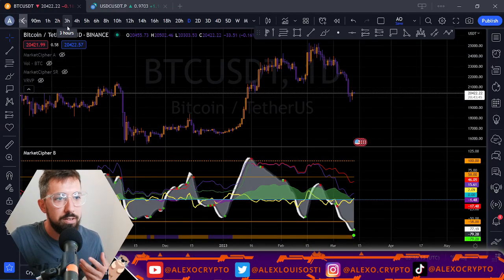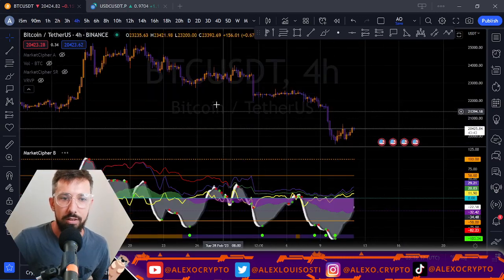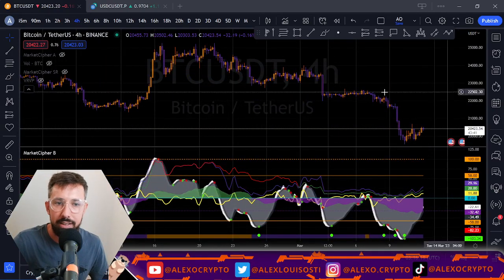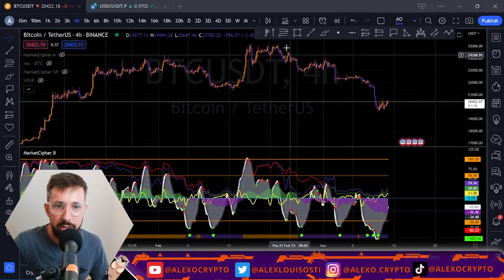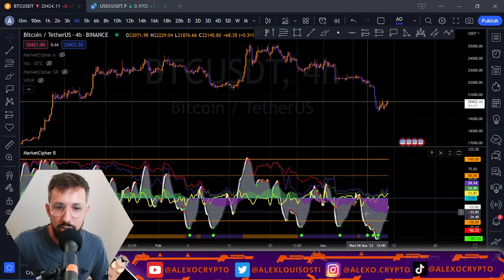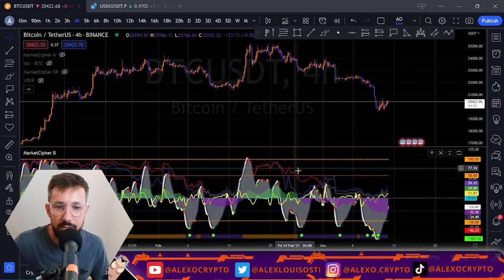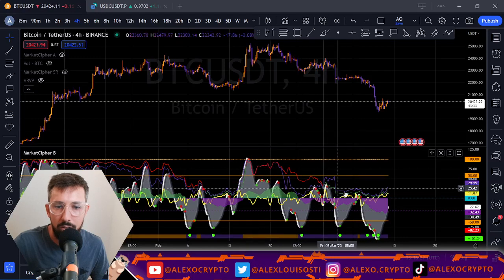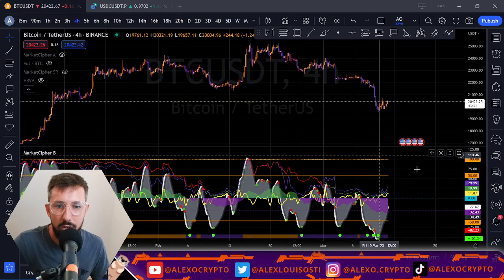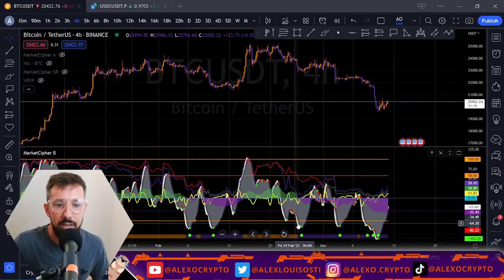Now, if we zoom in, let's go into the 4 hour and see what we can find here. So we can see that we're in a clear downtrend here. Does this show us that we're in a downtrend? Yes, the stochastic and the RSI have both trickled their way down, and it has been clearly defined, right?